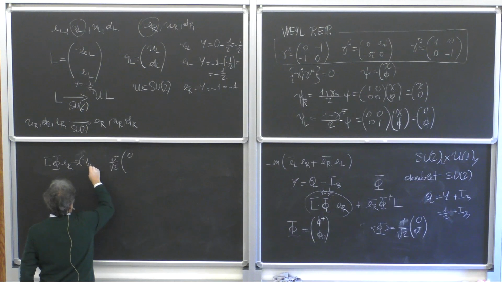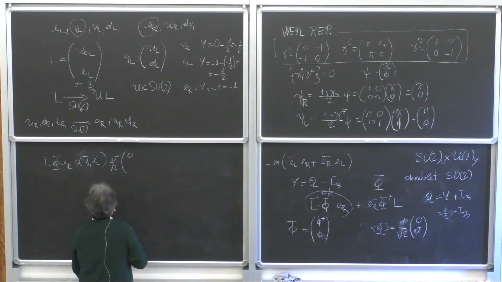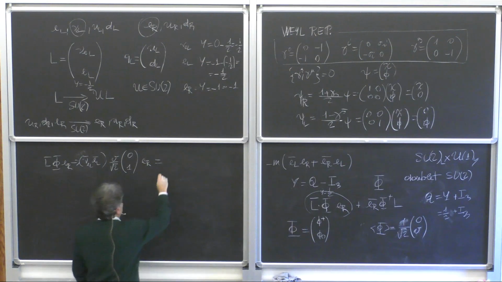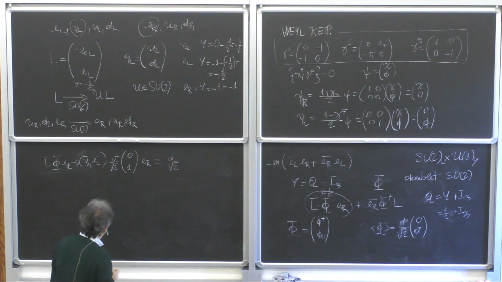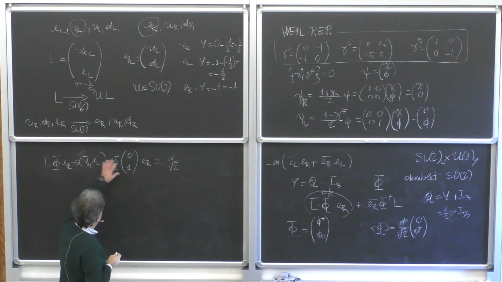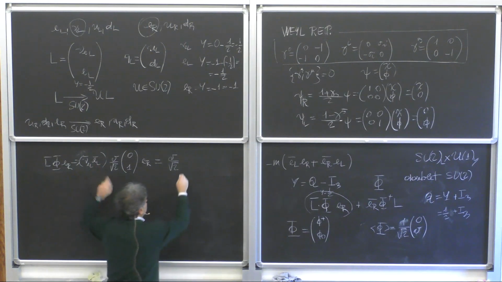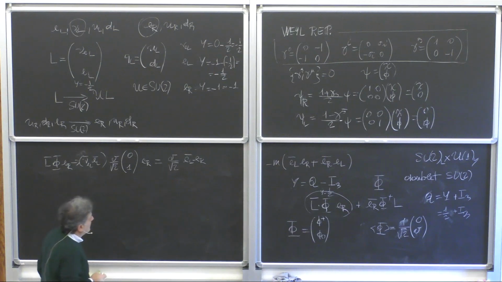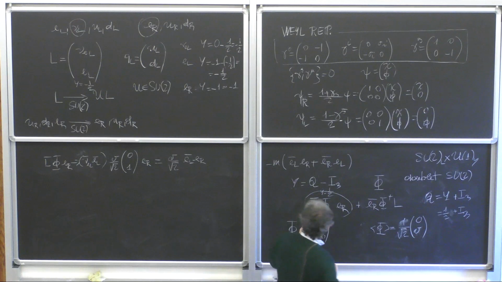So nu EL bar, 0, 1, ER, V divided by square root of 2. And when you multiply this one, only the electron part survives. So you get exactly one of the two terms that you need, this one.